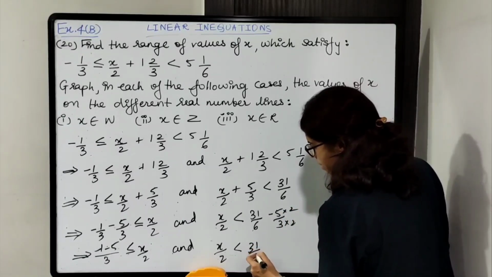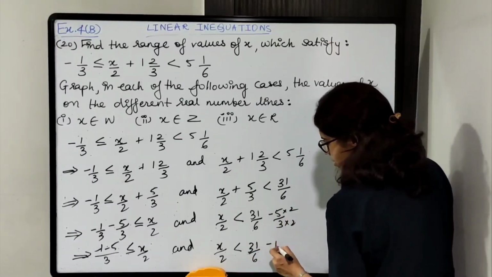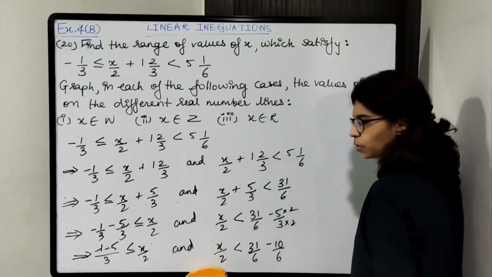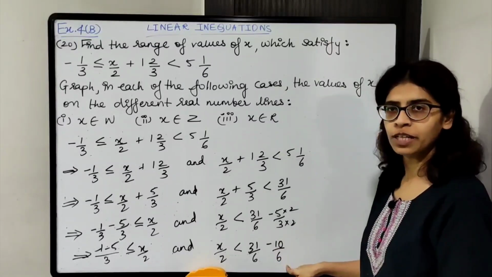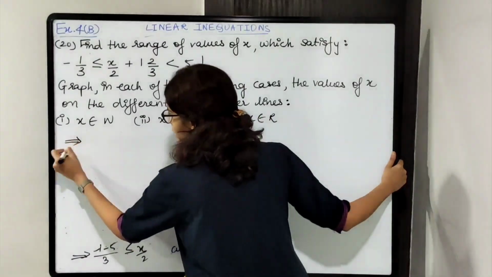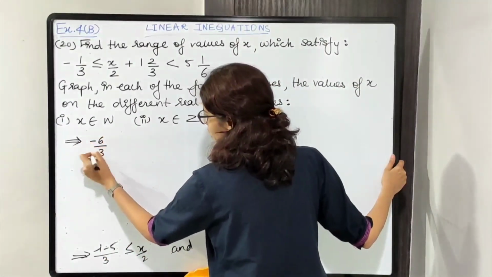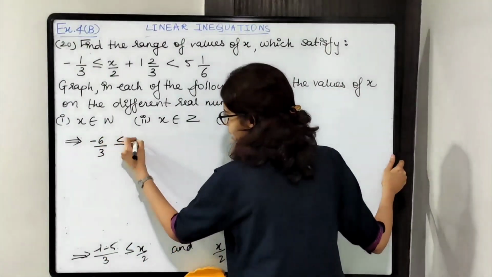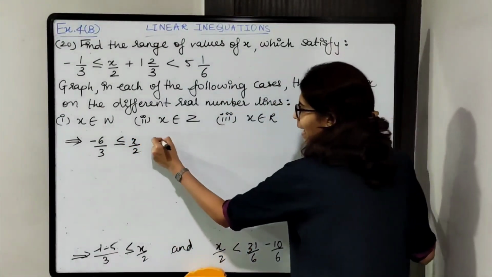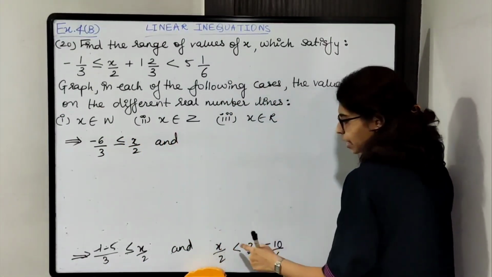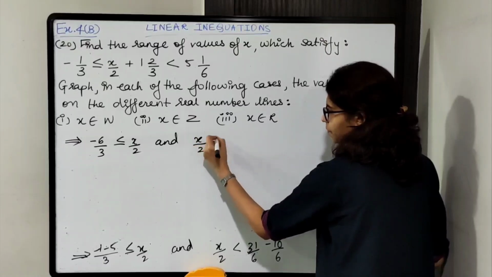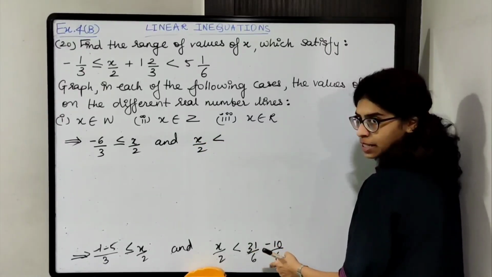So 31 by 6 minus 10 by 6. In the next step we'll get minus 1 minus 5 is minus 6 by 3 less than or equal to x by 2 and x by 2 is less than 31 minus 10 by 6.